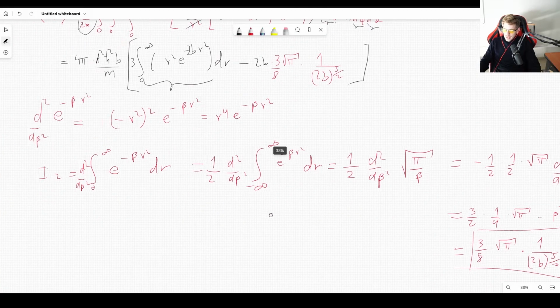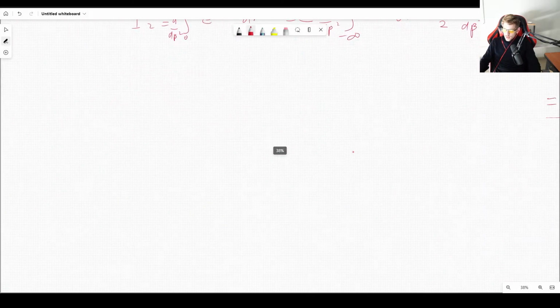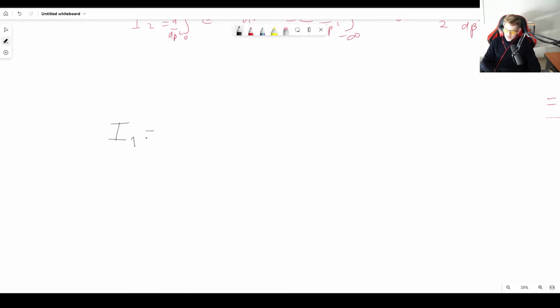What about I1? Well, I1 we already solved before, but we're going to just do it quickly because I erased the result. So I1 is the integral from 0 to infinity of r squared e to the minus 2b r squared dr. Once again, we will use the beta trick, right? So we will say, okay, this is minus the derivative with respect to beta.